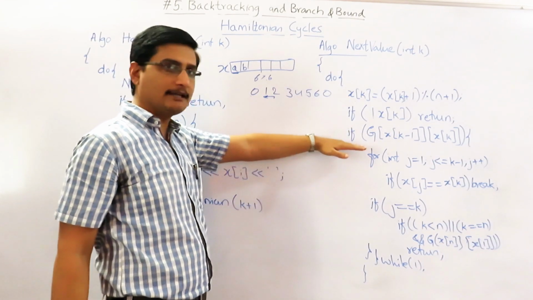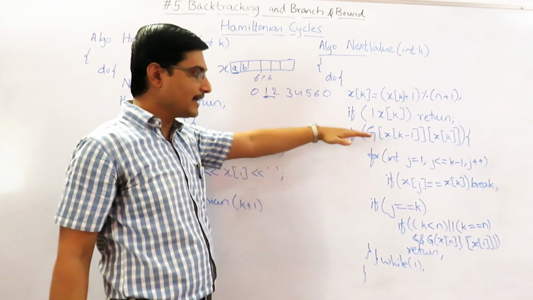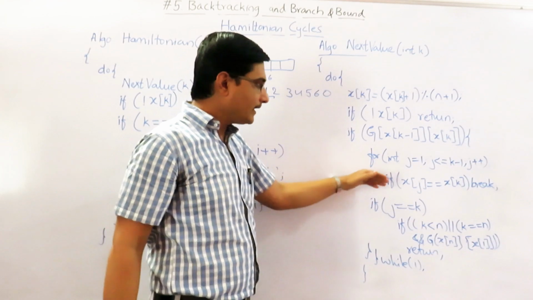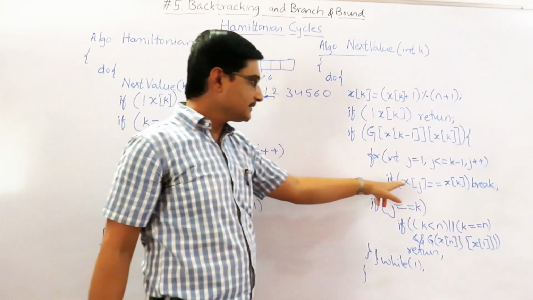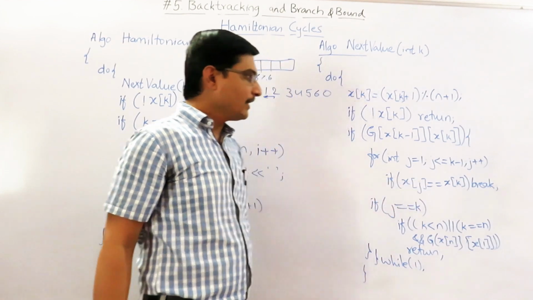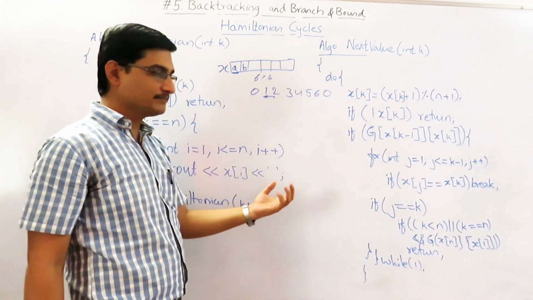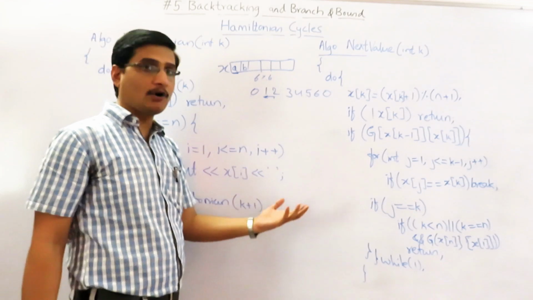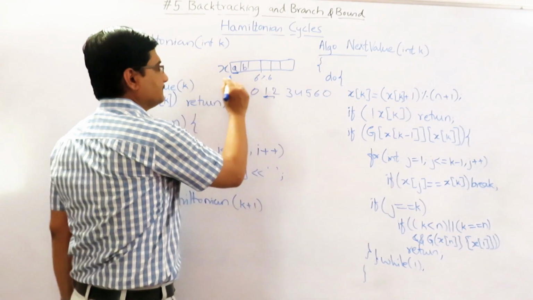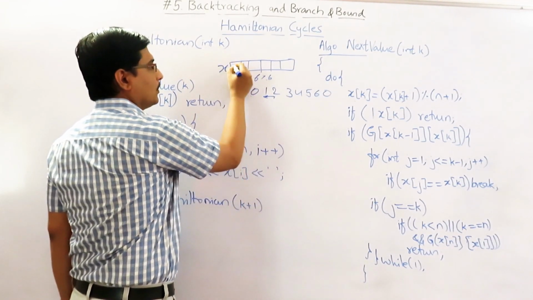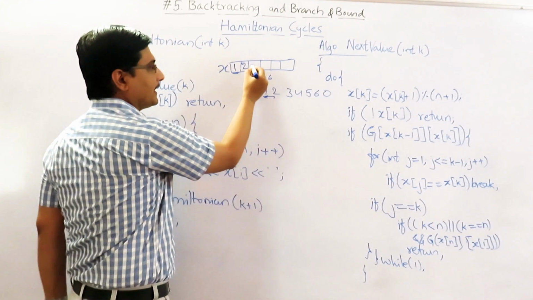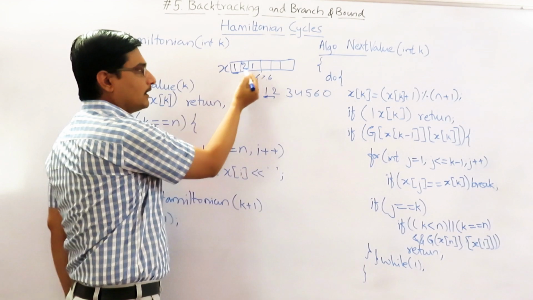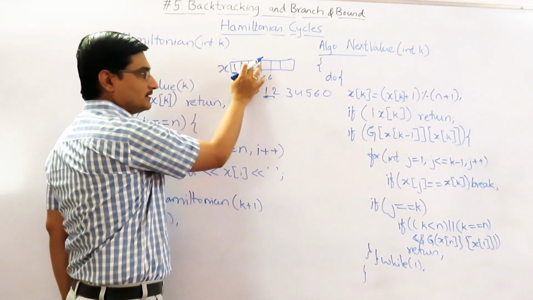If the path exists, if the edge exists, then it is going to check for every other possibility. That is, x of j is equal to x of k. If they are the same, it is an already visited vertex. Say for example 1 to 2. Say if it again generates 1, 1 is already there, so we should not go for that.